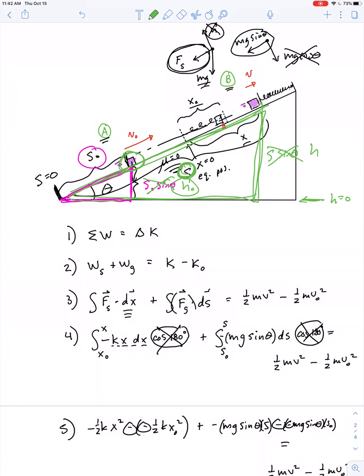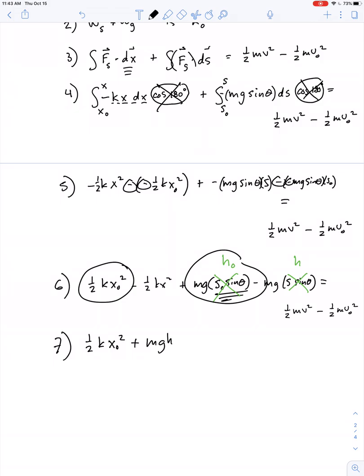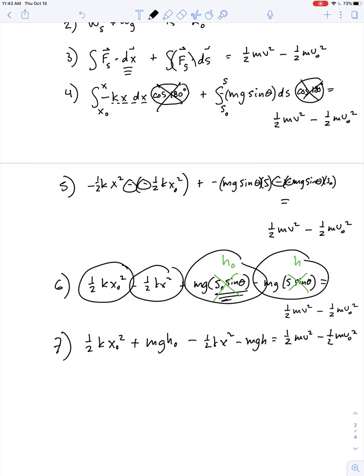So there's an initial height of H naught and a final height of H. So we can replace this with H naught and replace this with H. 1/2 k x naught squared plus mg h naught minus 1/2 k x squared minus mgh equals 1/2 mv squared minus 1/2 mv initial squared.